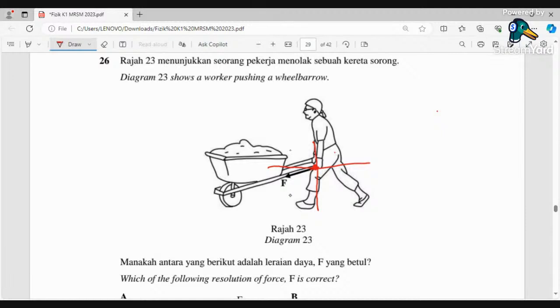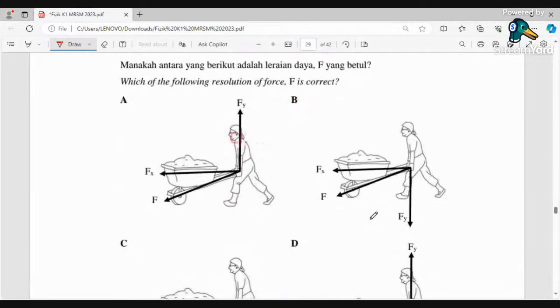Ini first, second, third, fourth. Third quadrant, maksudnya dia punya komponen pun mesti ada di third quadrant. Ini fx. Ini fy. Jadi dia mesti di third quadrant juga. Tak boleh lukis di sebelah sini fx. Ikut pada original force. Okay, jadi kita dapat ini fx, ini fy. Jawapan dia B.